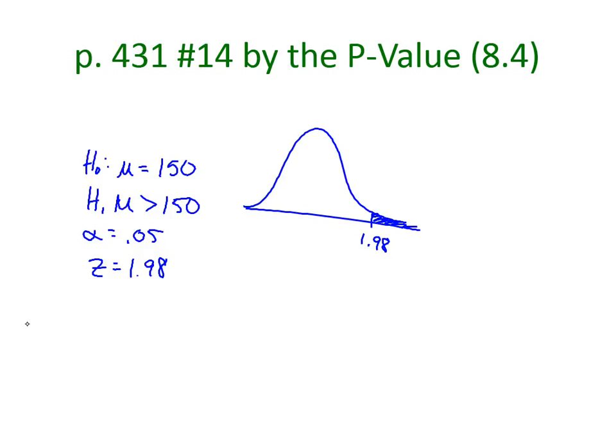So using my tables, what do we get for the probability that we're at 1.98? Actually, what is the area to the left of 1.98? Let's ask that question first. Guys, are you checking your table? So finding the probability that it's to the left of 1.98.